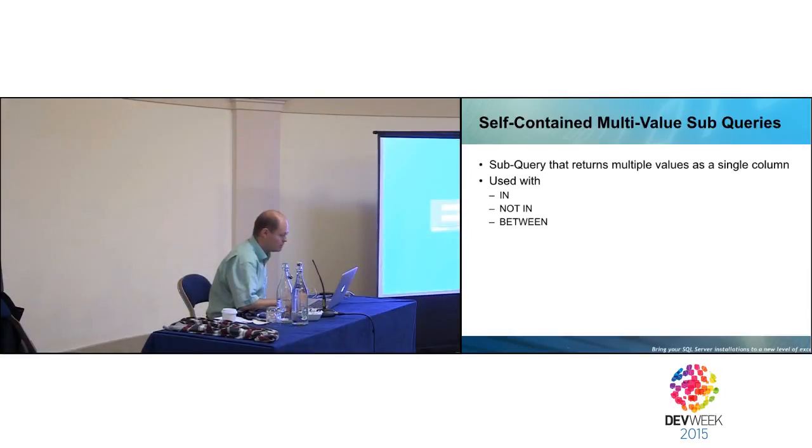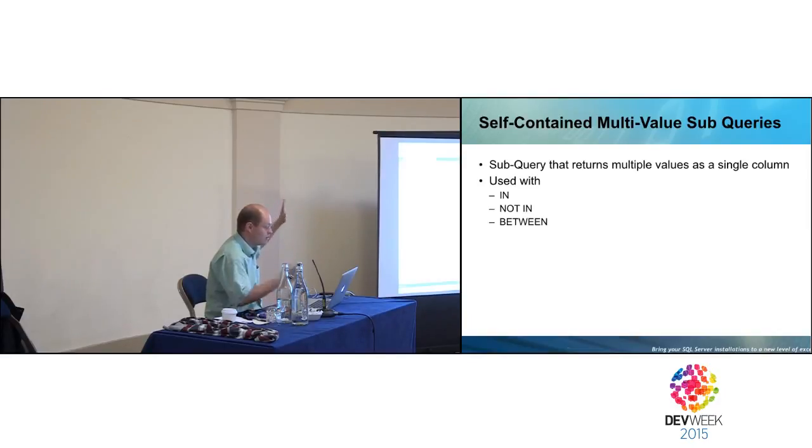They are very, very simple. So for example, I declare here a variable to get the maximum sales order ID and reference that variable in my select statement. You can make it easier by just specifying the maximum sales order ID in a self-contained subquery.